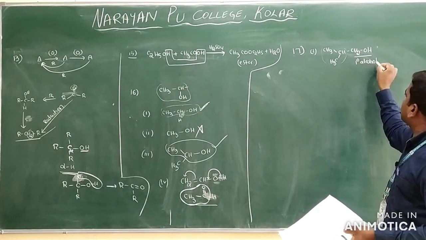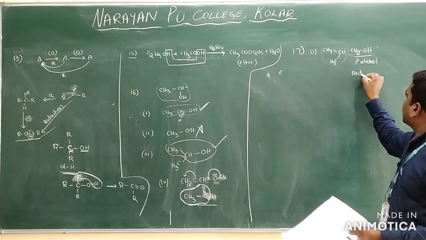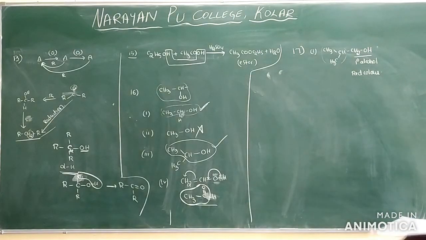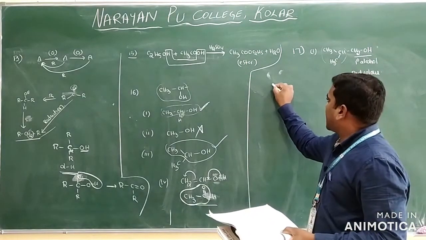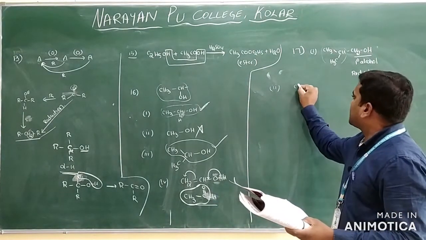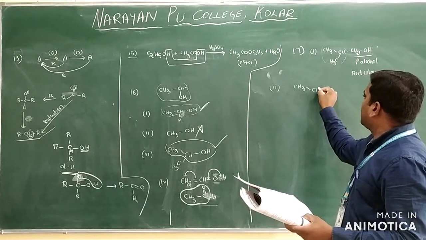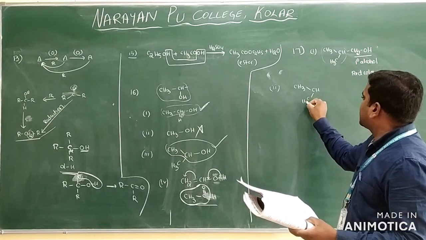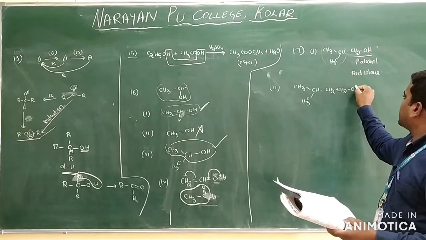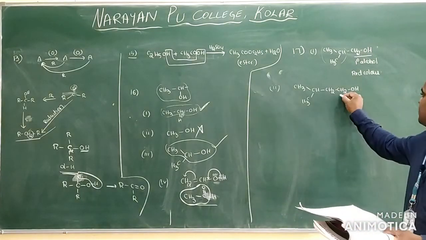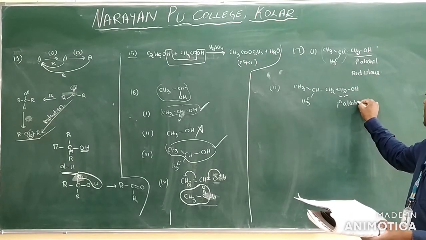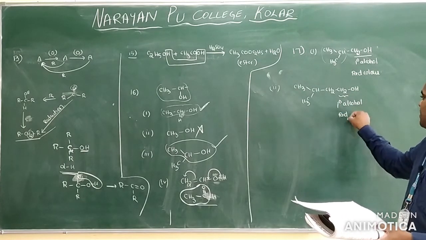Primary alcohol means it gives the red color in the Victor Meyer test. Next one, the second option, isopentyl alcohol. Same iso group, CH3 CH3, pentyl, CH2OH. This is isopentyl. It is a primary alcohol, so it gives red color.